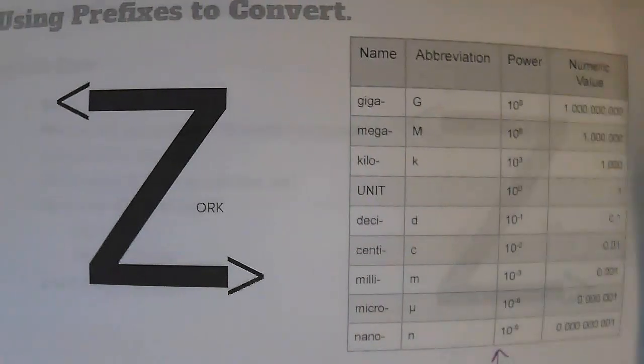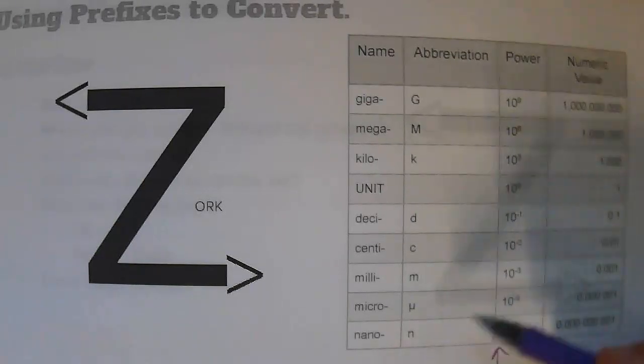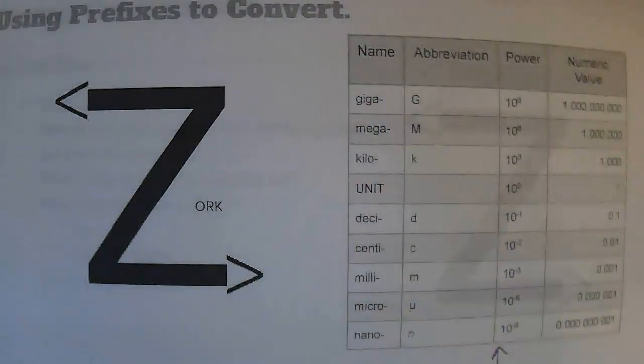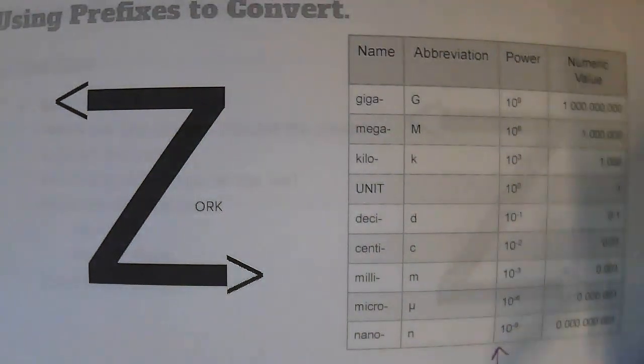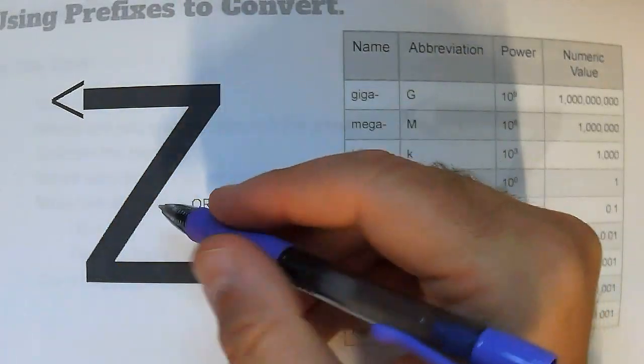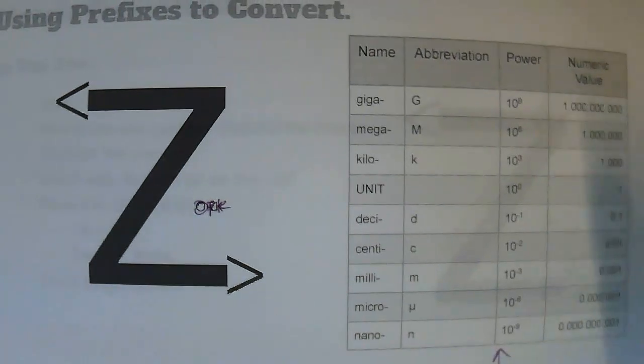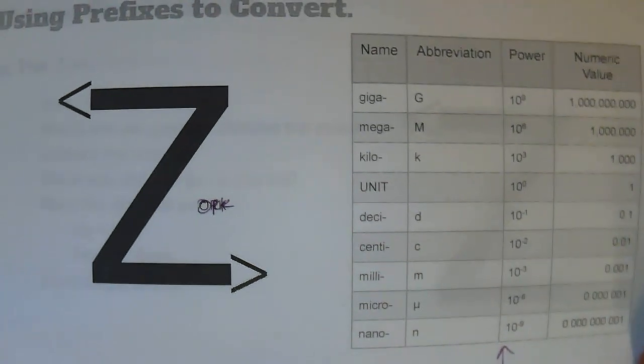You should have this table, okay? It should be handed out to you, or maybe you copied it down, or maybe you have access to it digitally. But somewhere you should have this table, okay? And so what we're going to do is use a process called the Zork. The Zork is my favorite way to convert metric values.